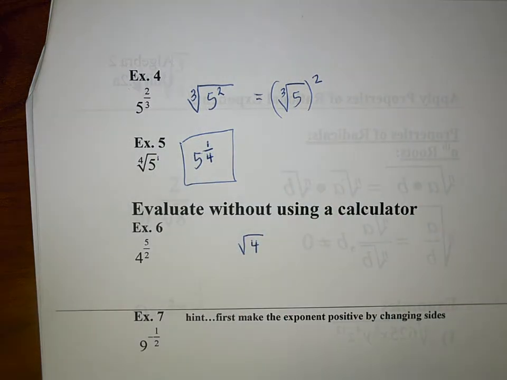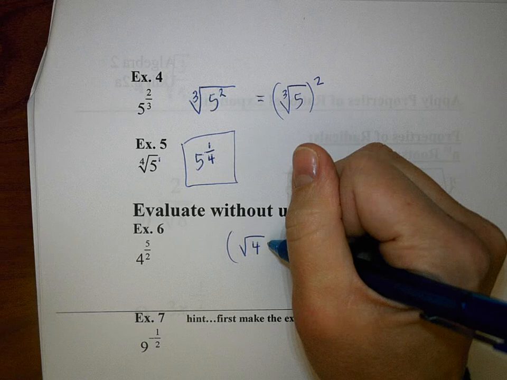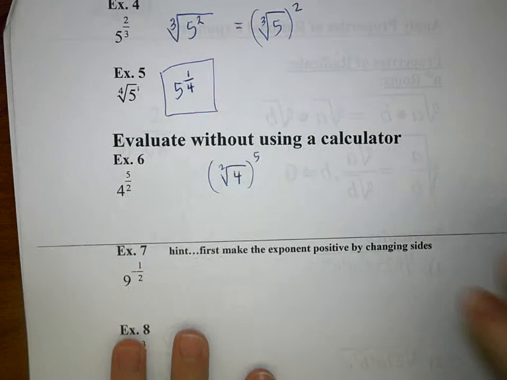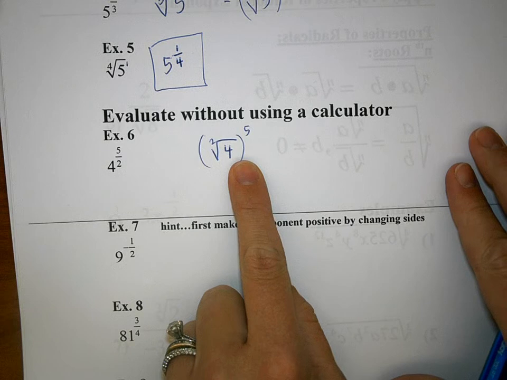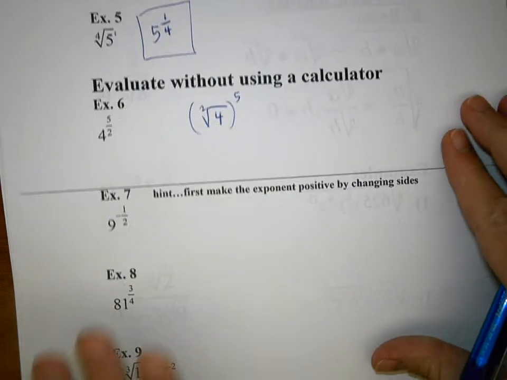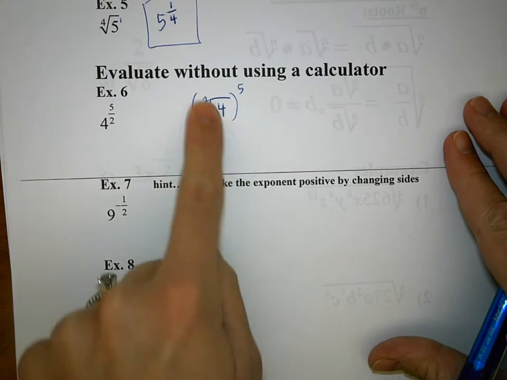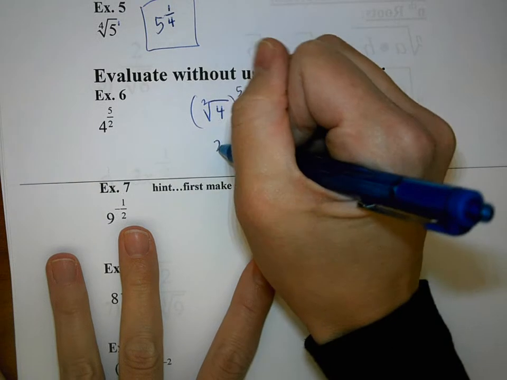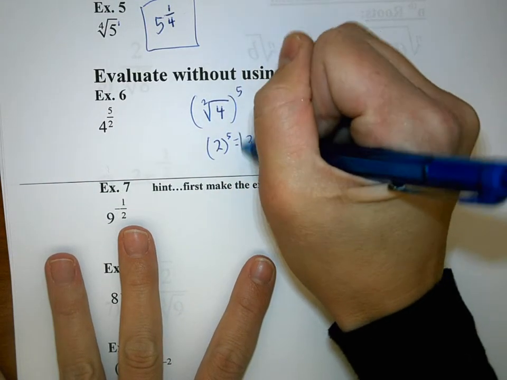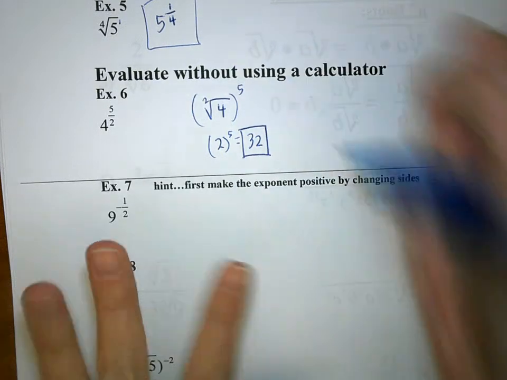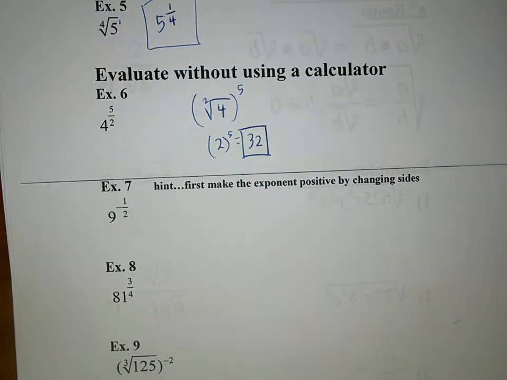In this case, I think it'd be easier to have the 5th power out here because it's very easy to find the square root of 4. What is the square root of 4? 2. And then 2 to the 5th power is 32. This is one that you're going to see a lot in math, so you'll hopefully end up memorizing it. 2 to the 5th is 32.